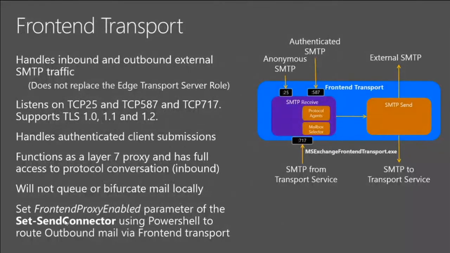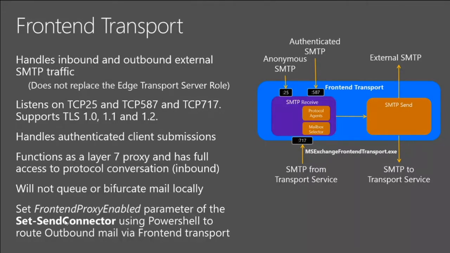Front-end transport receives mail on port 25: anonymous mail on port 25, authenticated mail on port 587. So if you were to connect to smtp.contoso.com, for instance, depending on which port you connected to, it will either accept anonymous or authenticated mail. In authenticated SMTP, the client or the sender has to provide a username and password to authenticate, much akin to folks doing client submission.